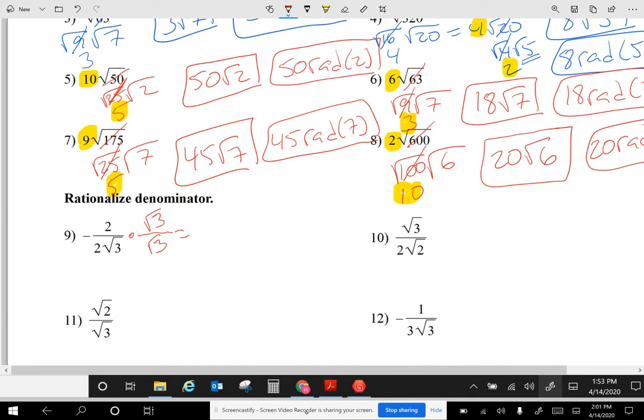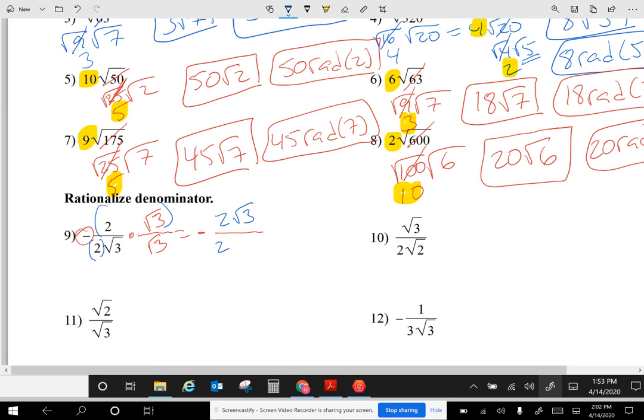All right, so let's see what I have. I have a negative sign, so let's not forget about the negative sign. Top of my fraction, let me combine what I have on top. I have a 2 and a radical 3. I can multiply a whole number with a whole number or a radical with a radical, but I cannot mix and match. So I just have 2 radical 3 on the top. Now let's see what I have at the bottom.